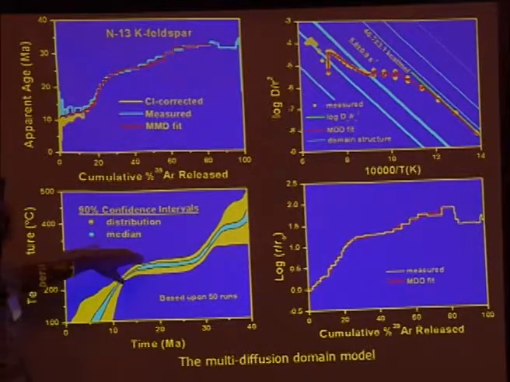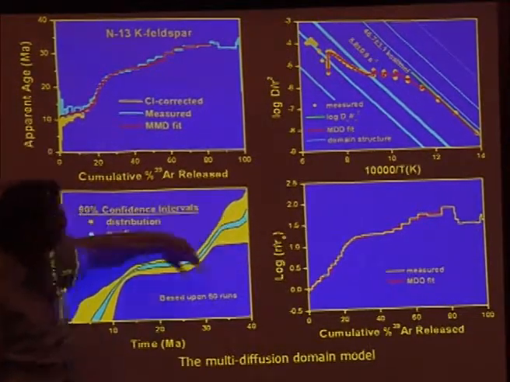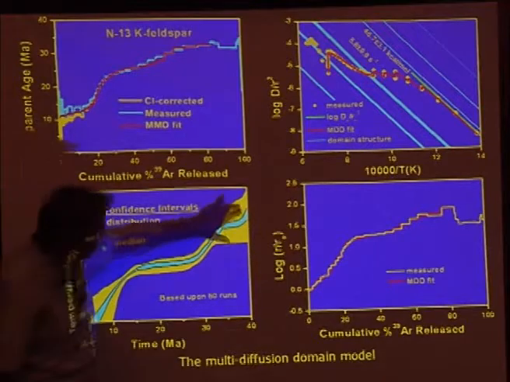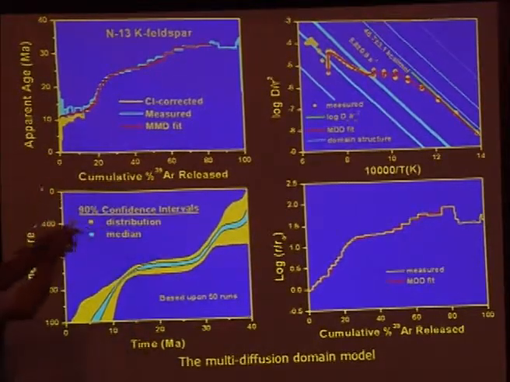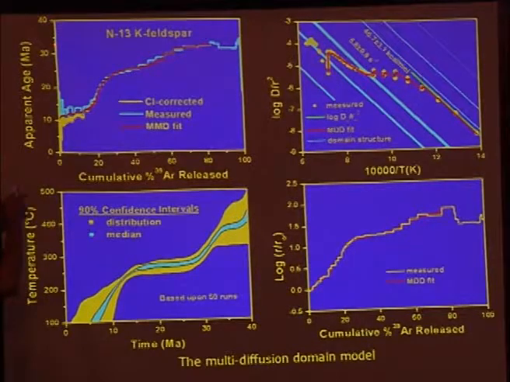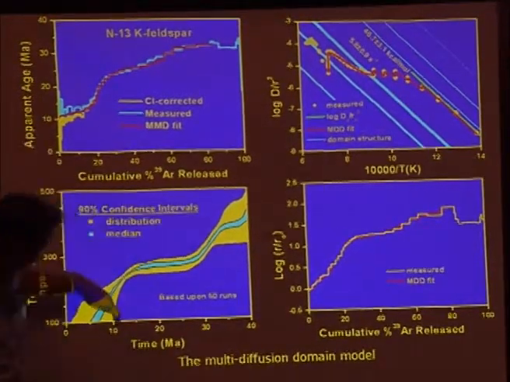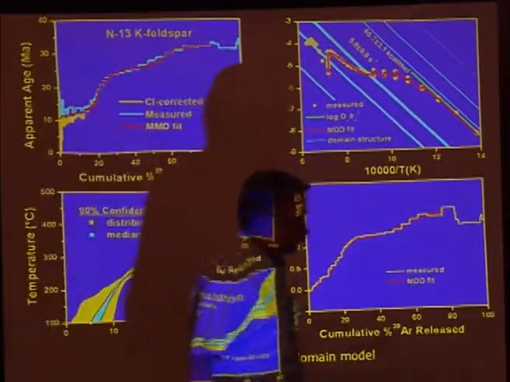Okay? When the age gets high enough that we're starting to lose radiogenic argon, the errors blow up. So really, what you want to do is look at this age spectrum between about 32 and 9 million years. So between about here and here, we have our continuous thermal history.